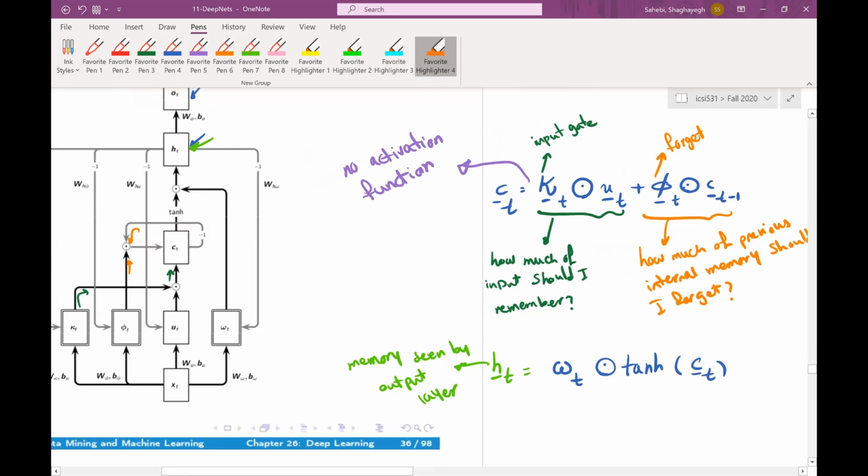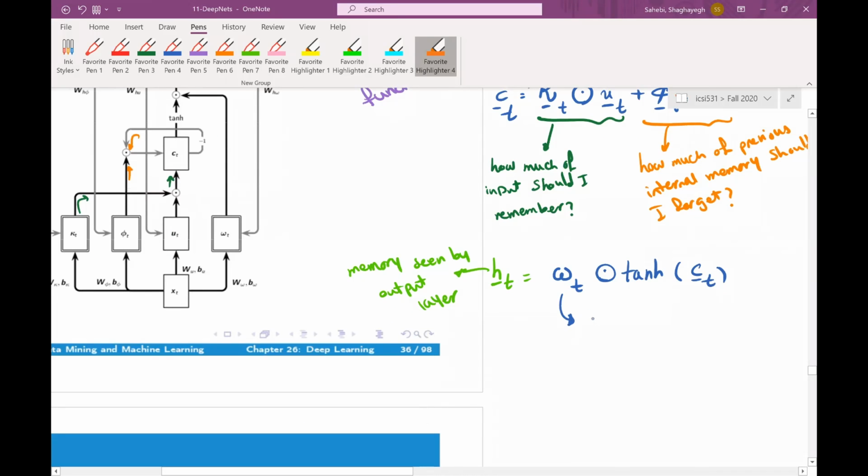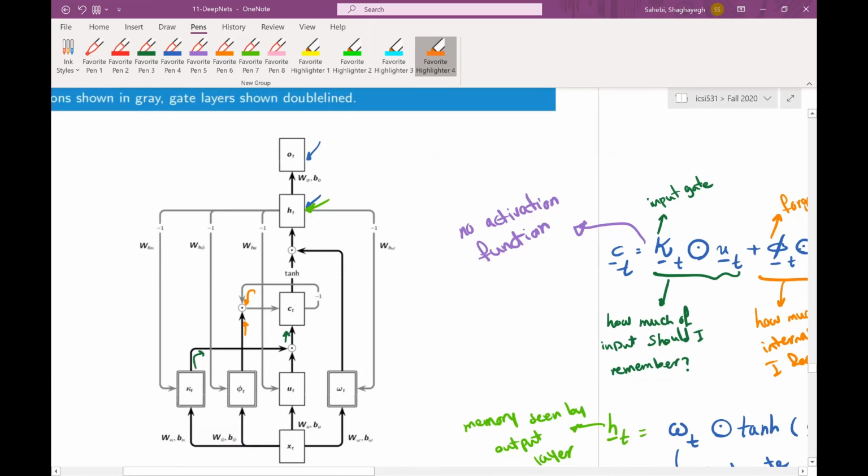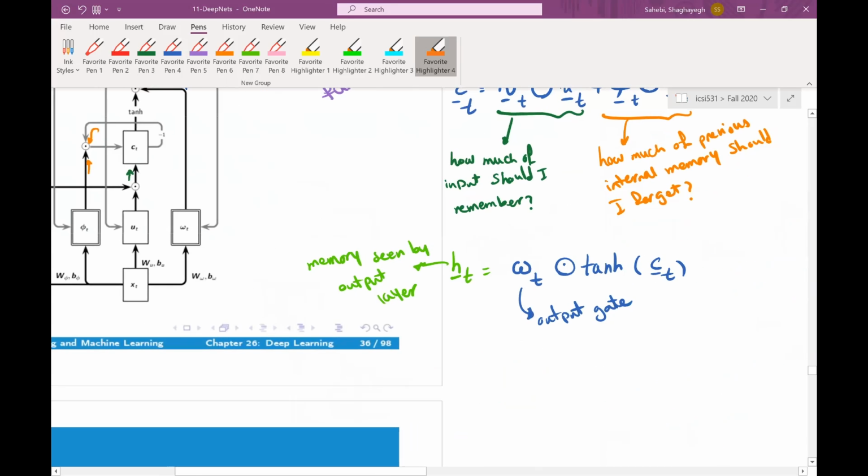Basically, this is the output gate. We are going to have a tanh over C_t, and use omega_t here to calculate h_t, the memory that the output layer sees. This tanh is there just because it works better this way if we include the tanh.